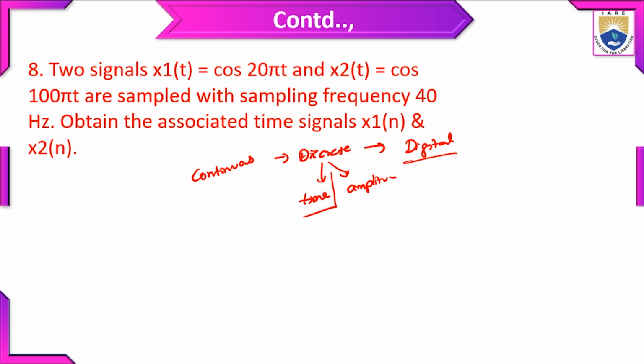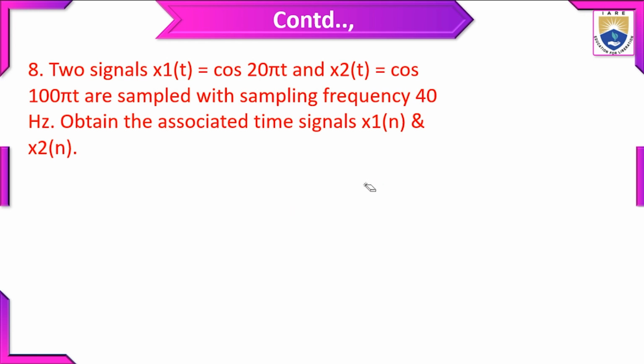So taking the first one. x1 of t is equal to cos 20 pi t.